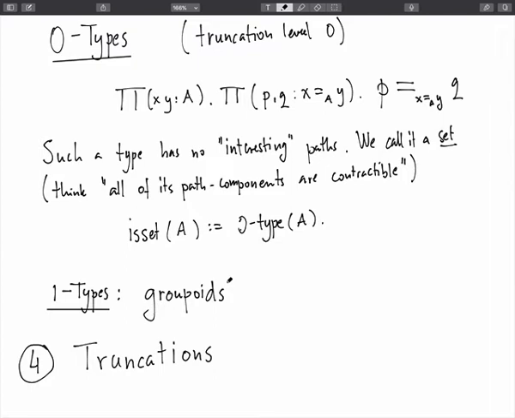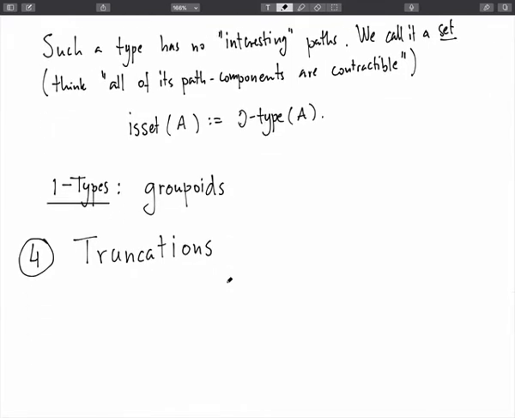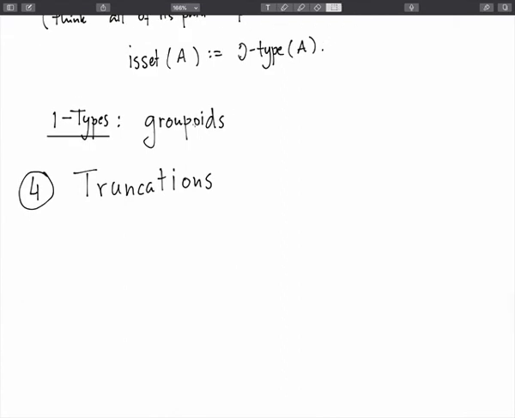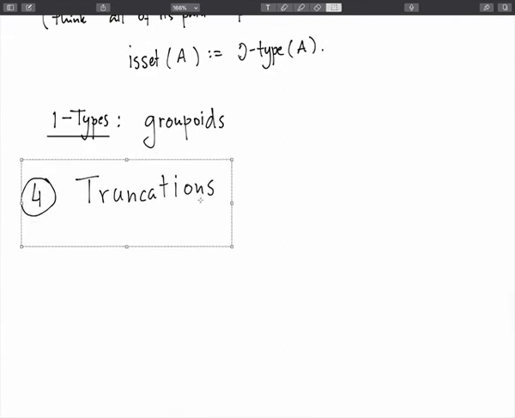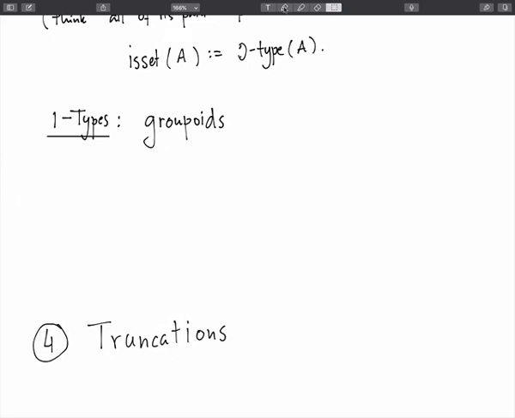By the way, careful. You could ask, does every type have an n level? So maybe I should explain some observations. First of all, if something is an n type, it turns out, and this is something that you need to prove, then it's also an n+1 type.